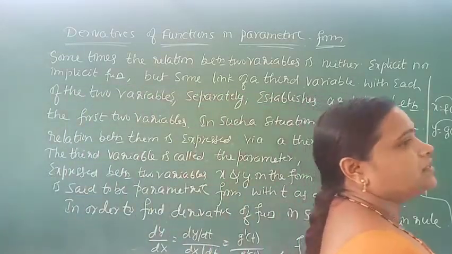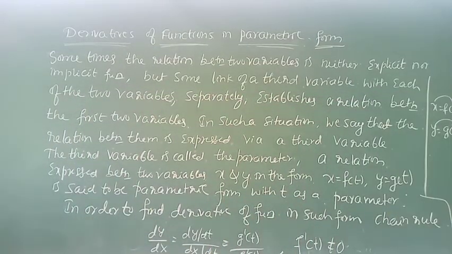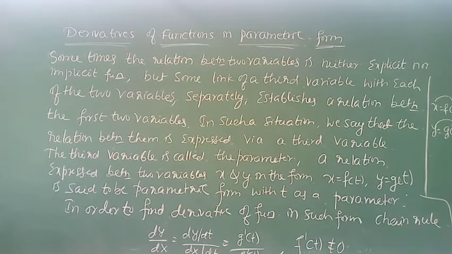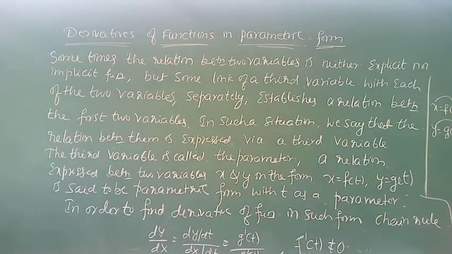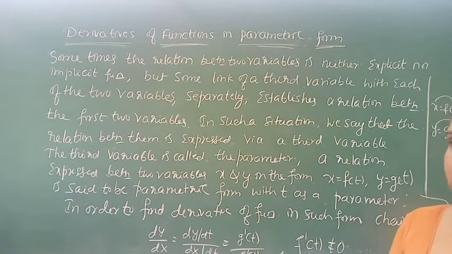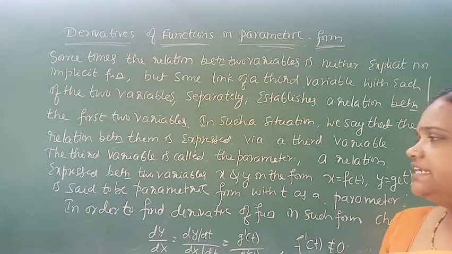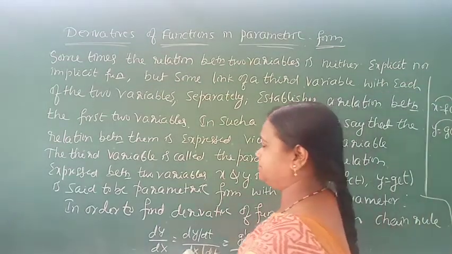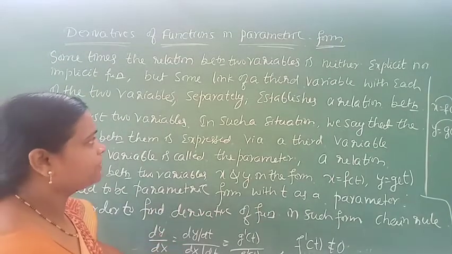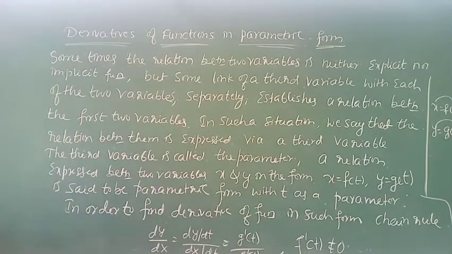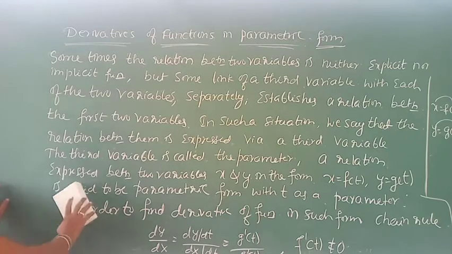If the given function is neither implicit nor explicit, and x and y can both be expressed in terms of a third variable t, in that case we do the differentiation: dy by dx is dy by dt divided by dx by dt.